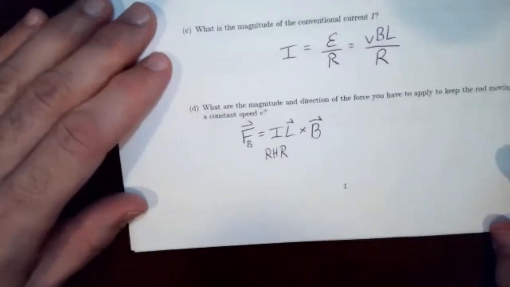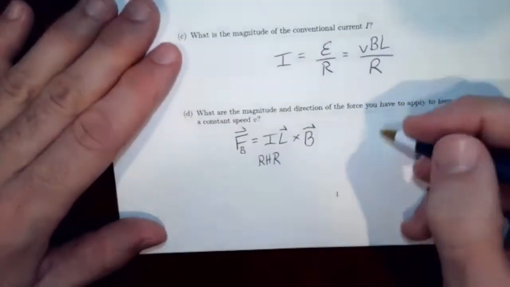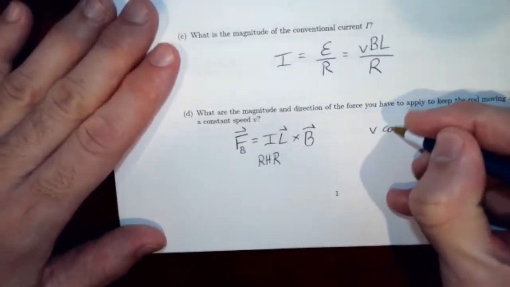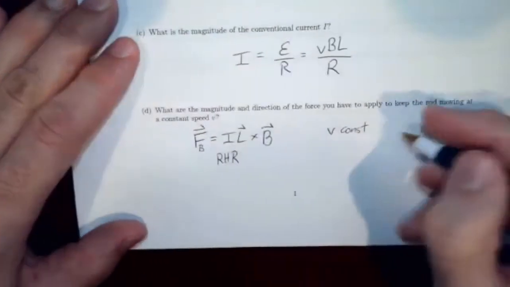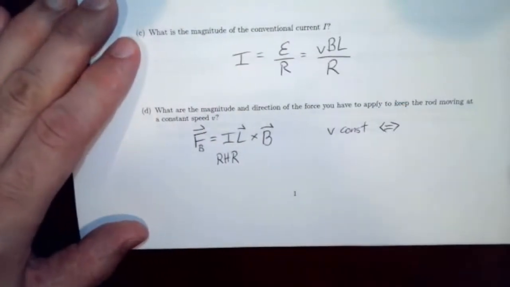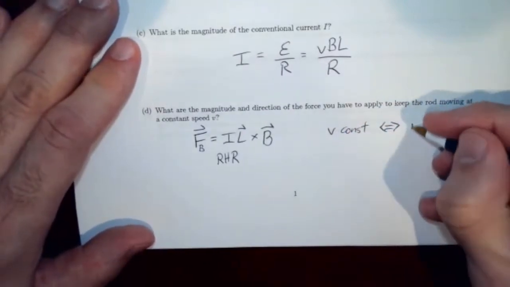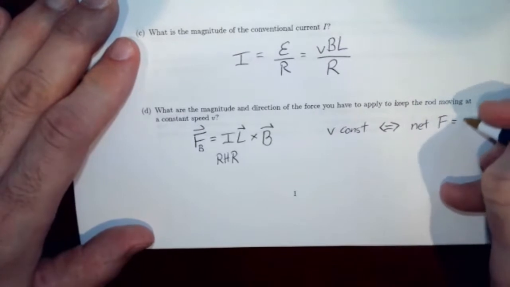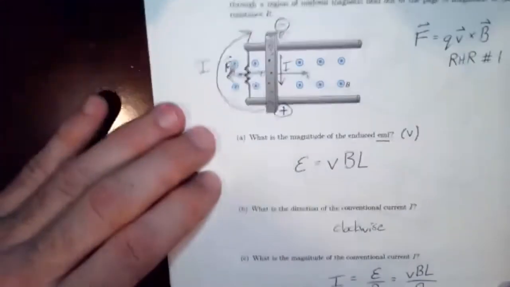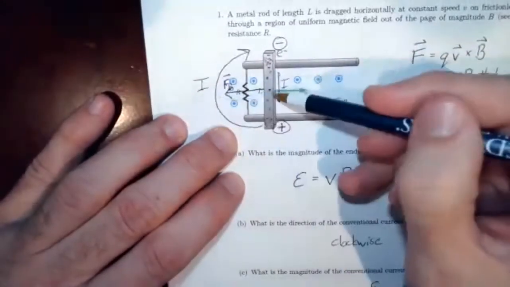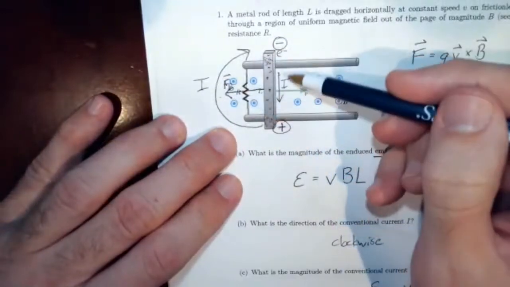Well, we talked about this a lot last semester. If V is constant, then that means, if and only if, it's true both ways, that means that the net force is 0. So we have the magnetic force to the left, and I need the net force on this thing to be 0 for the bar to move at a constant speed.